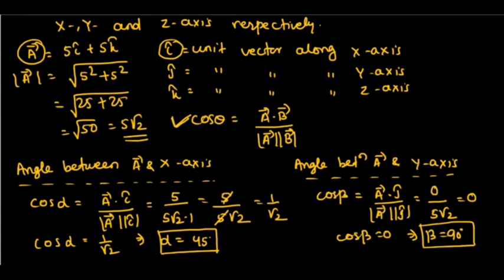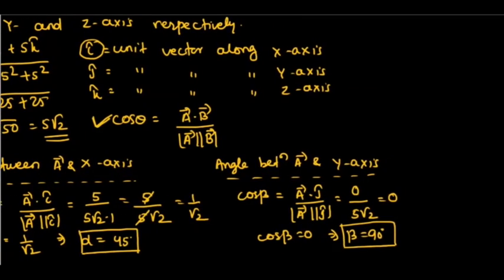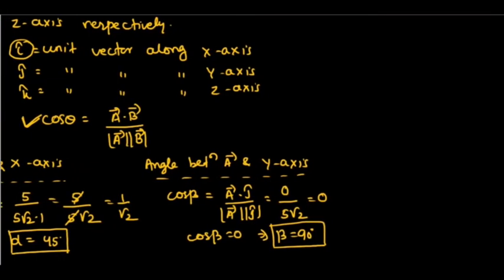Then we find the angle between a vector and z axis, that is k cap, and imagine the angle between a vector and z axis is gamma.